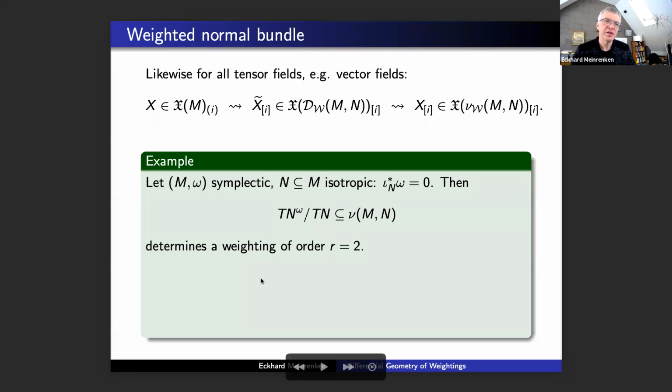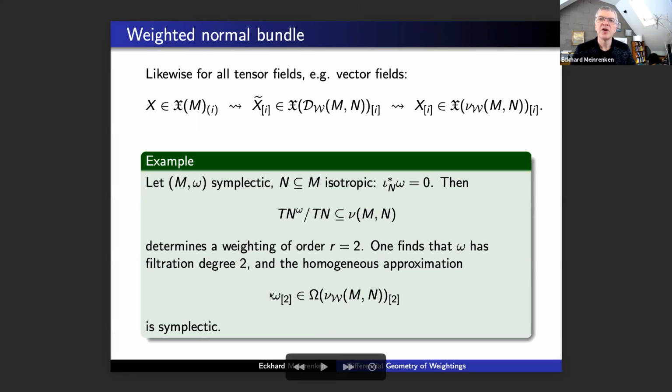And then you can check that the symplectic form omega relative to this weighting is of filtration degree 2. And because it's of filtration degree 2, our story applies. And so you get a 2-form homogeneous in the weighted sense of degree 2 on the weighted normal bundle. And one can check using local coordinates, for example, that this 2-form is again symplectic.